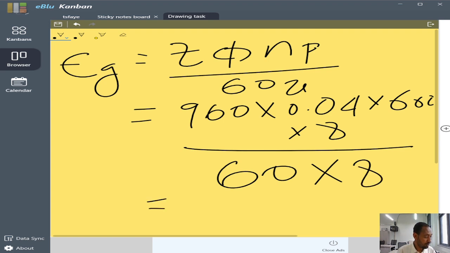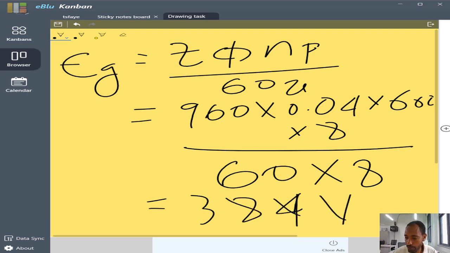So the generated voltage is going to be 384 volts. That's the way we are supposed to attempt it. So EG is going to be 384 volts.